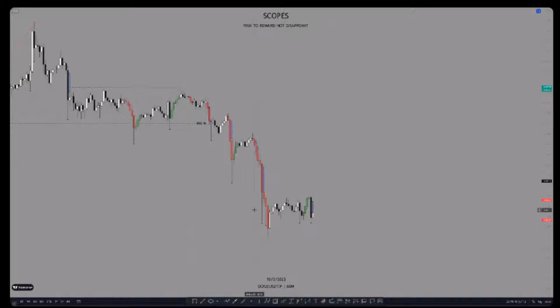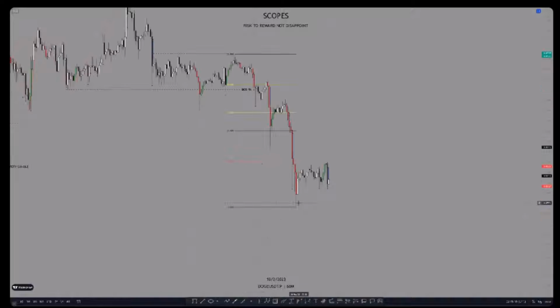So now you can see these green candles, multiple candles straight from this low. So there's your break. So now you could be confident.